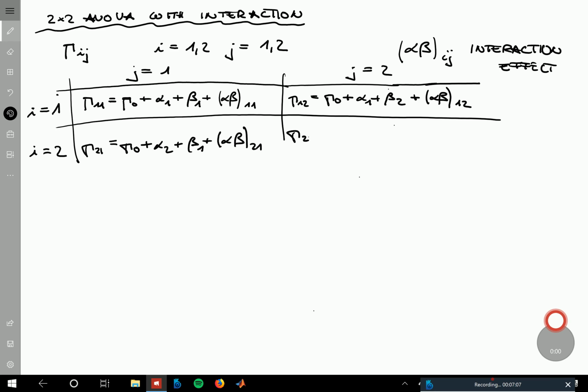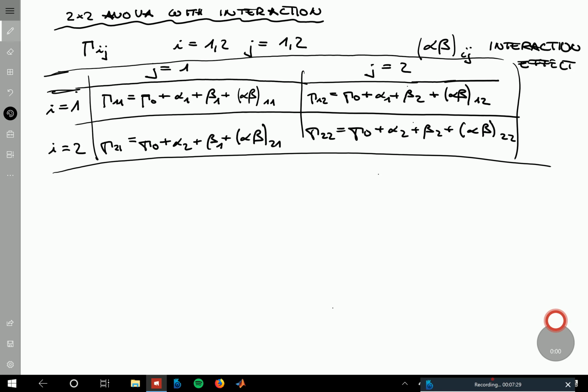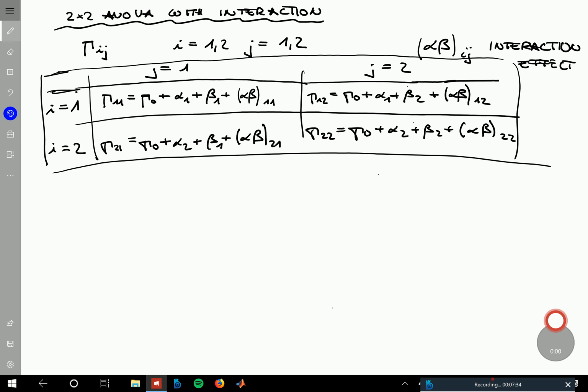And finally, for the last one, of course, in a way you know the drill by now. This is many times over parameterized, because we have 4 values of interest that we want to model, namely the expected values in each of the 4 cells.